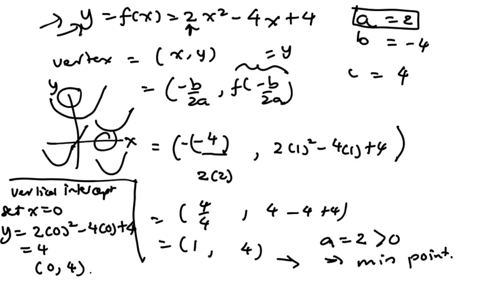Okay, (0, 4). So we have the vertex, we know that is the minimum point. We also know the vertical intercept. But do we have a horizontal intercept or not? Okay, but here, if you see the drawing, let's say I have this. So vertical intercept is (0, 4).